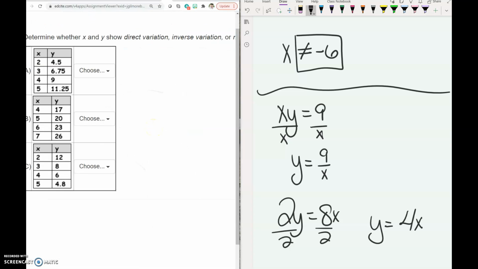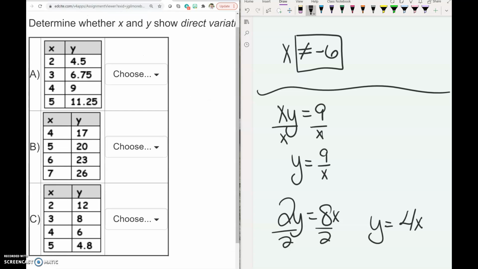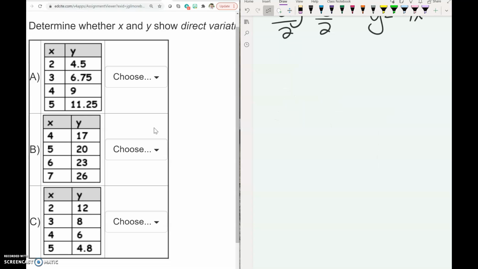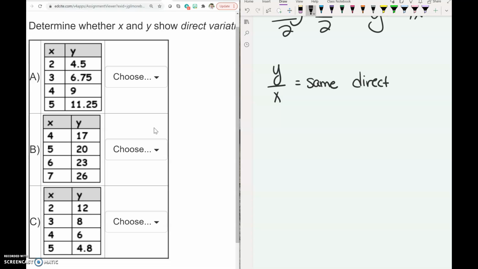The next problem is, do the tables show direct, inverse, or neither? And again, if you look at the board or look at your notes where I had you write the looks like and check for table, when you're checking a table, if you do y divided by x and you get the same number every time, then it is direct variation.